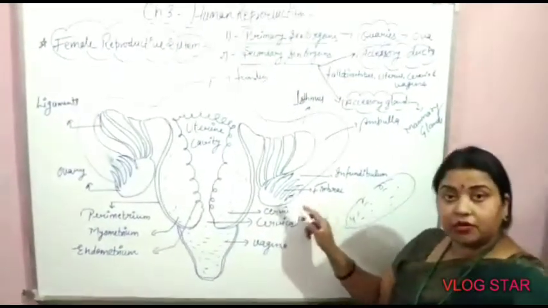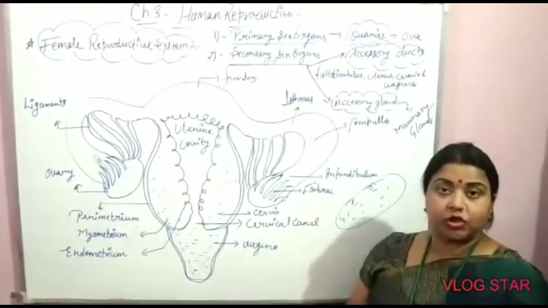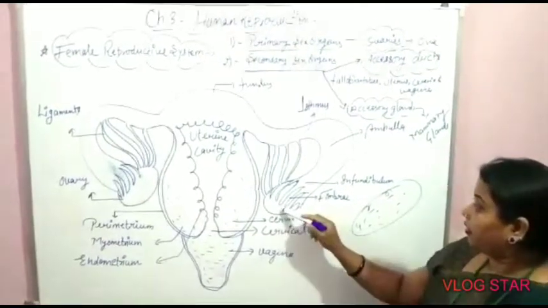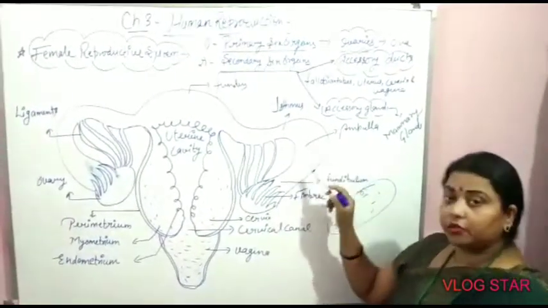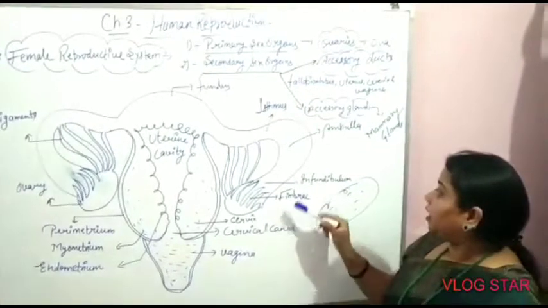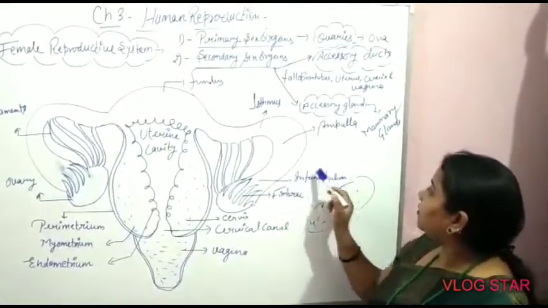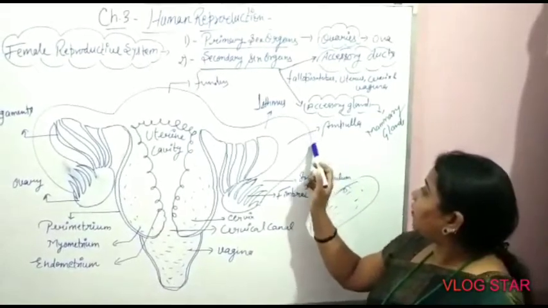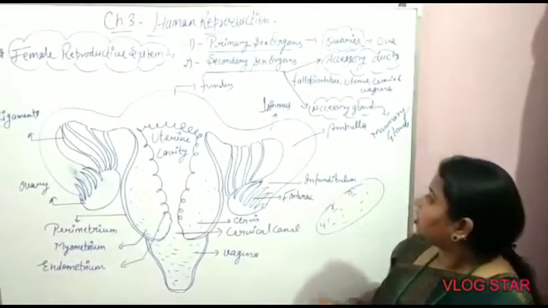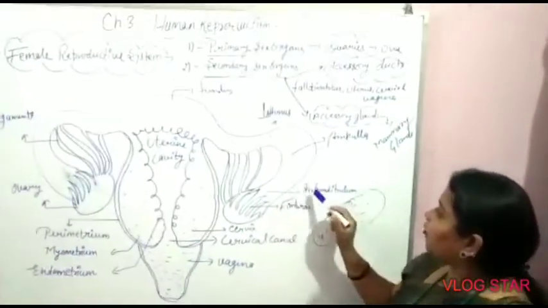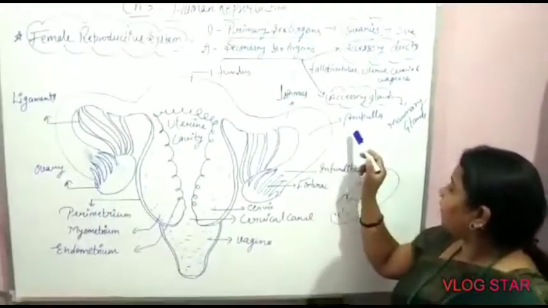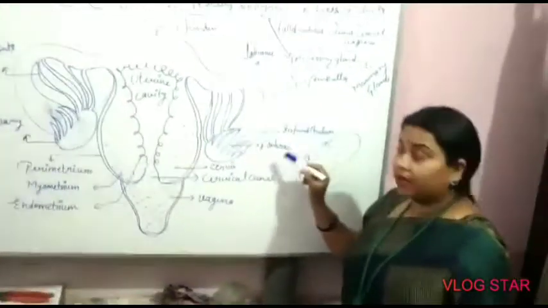What is the role of fimbriae? Fimbriae always collect the ovum from the ovaries to the fallopian tube. The next portion of the fallopian tube, behind the infundibulum, is the ampulla, and the ampulla leads to the isthmus. So these are the three parts of the fallopian tube: isthmus, ampulla and infundibulum.